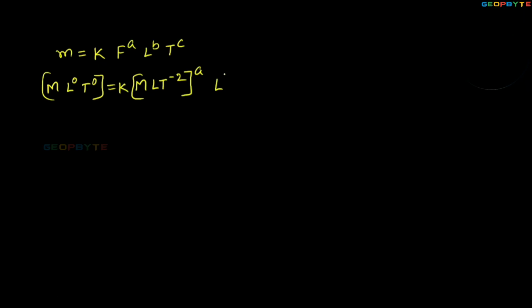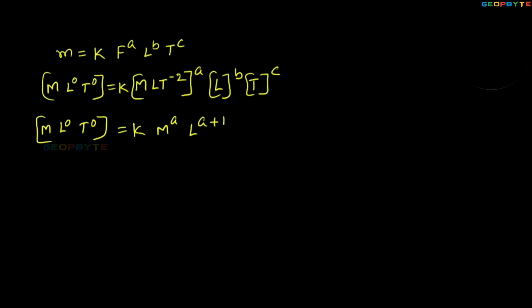And L power b, I should be very careful while writing L power b, and T power c. Now M power 1, L power 0, T power 0 is equal to k into M power a, L power a plus b, T power minus 2a plus c.